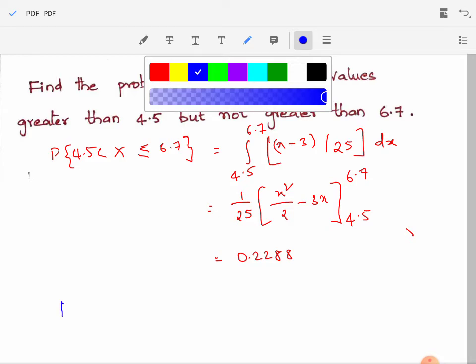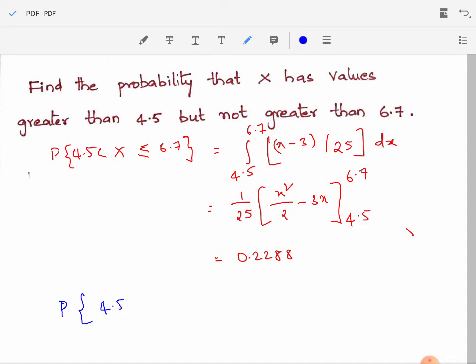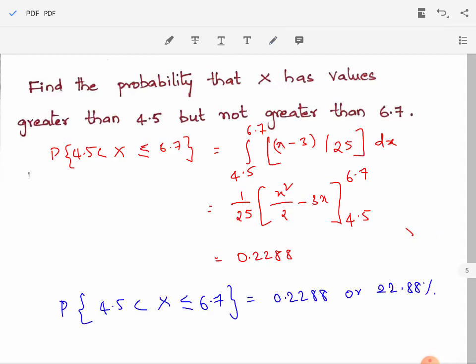So the probability of X having values greater than 4.5 but not greater than 6.7 is 0.2288, or 22.88%. So this is how we find the probability from the given density function.